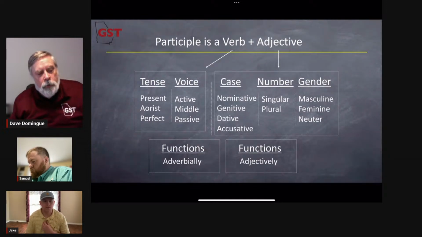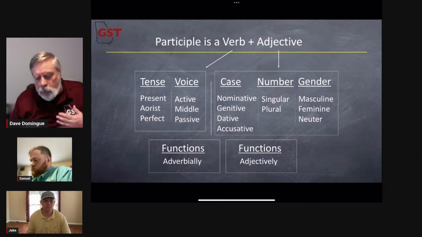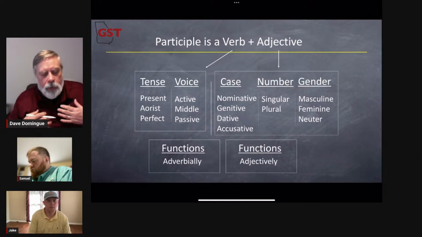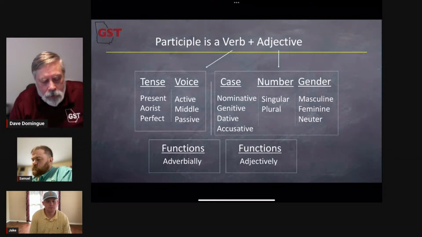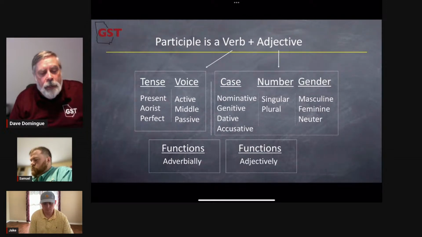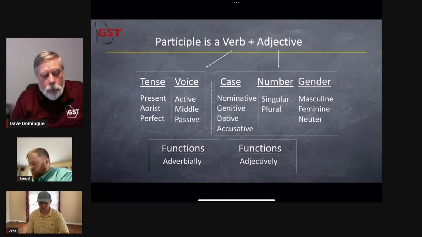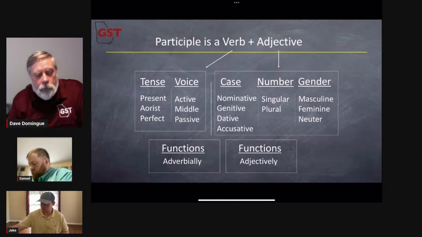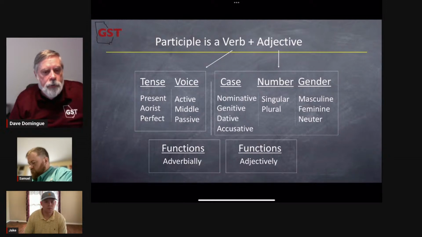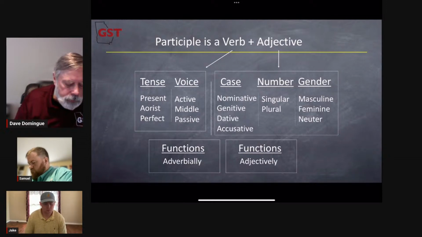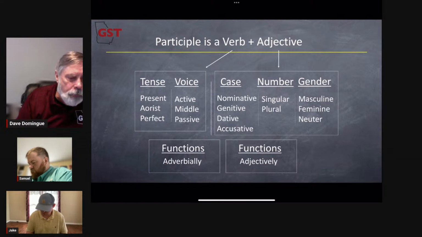So we just talked about, and fortunately, Sam confirmed that a participle is a verbal adjective, right? It has verb elements, tense and voice. It does not have person or mood. It also has adjectival components, case, number, and gender. And it can function one of two primary ways.